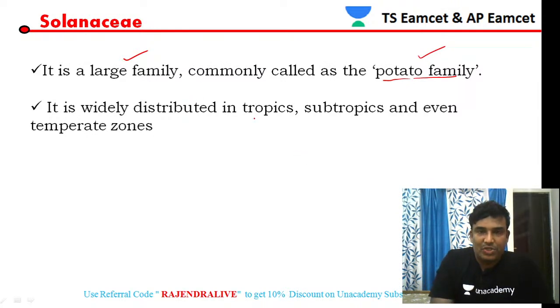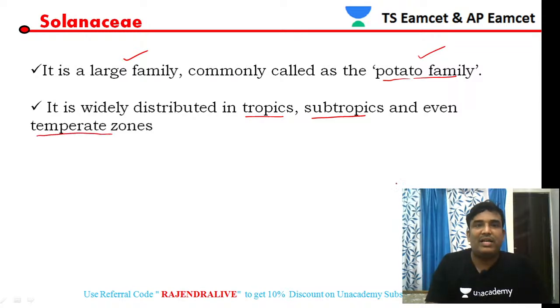It is widely distributed in different geographical areas: in the tropics, subtropical zones, and even the temperate zones. Tropics means tropical zone. The earth is divided into 4 zones based upon the climatic conditions, or the temperatures.